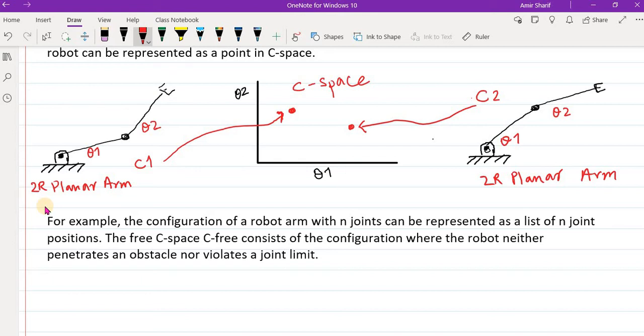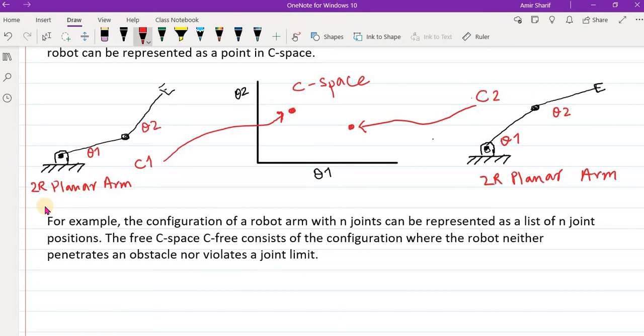The free C space, which is also known as the C free, consists of configurations where the robot neither penetrates an obstacle nor violates a joint limit.